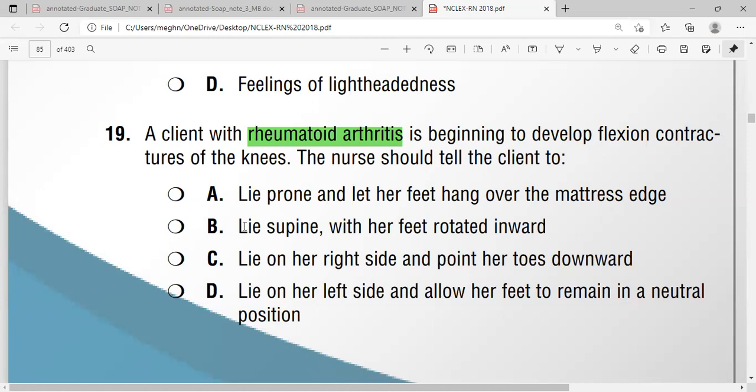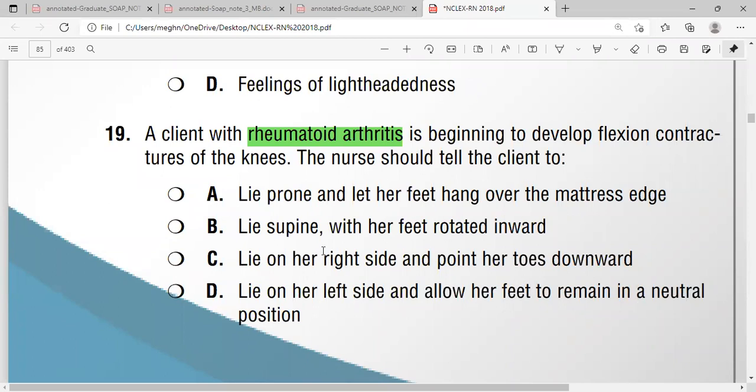Number B, lie supine with her feet rotated inward. Number C, lie on her right side and point her toes downward. Number D, lie on her left side, allowing her feet to remain in a neutral position.